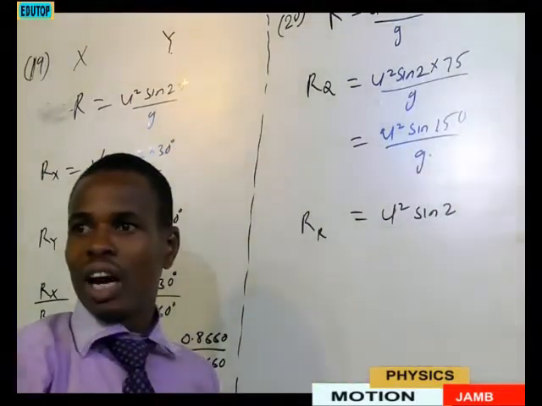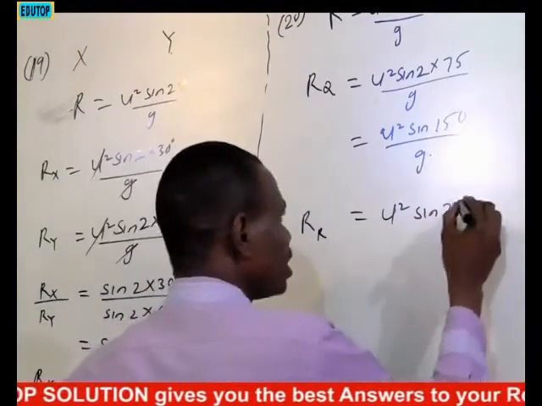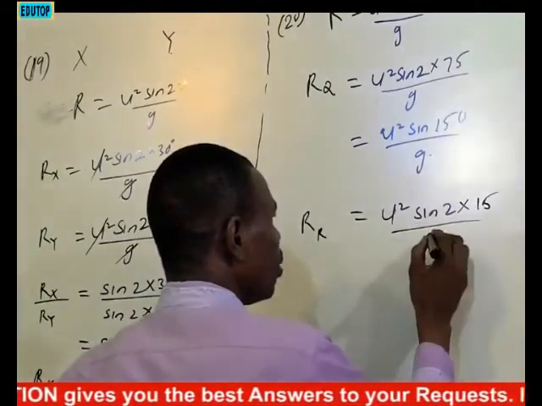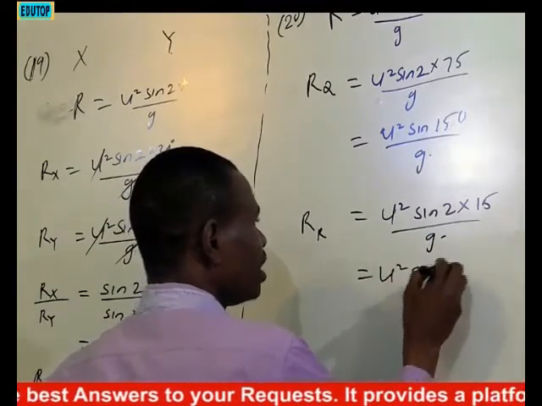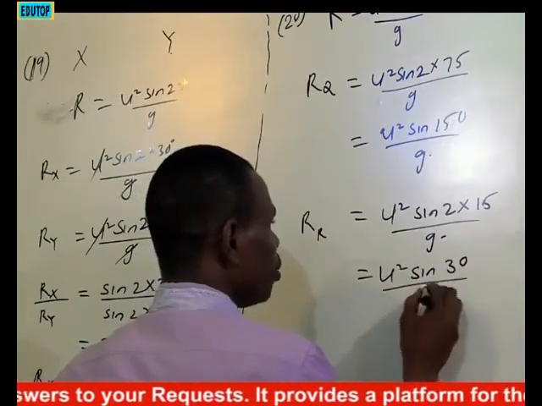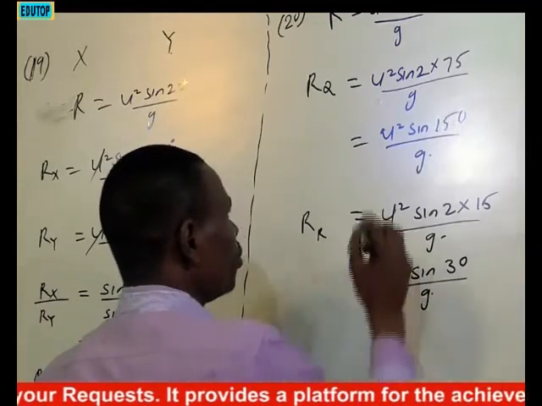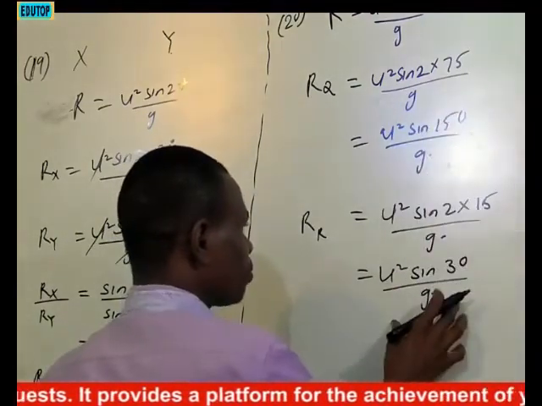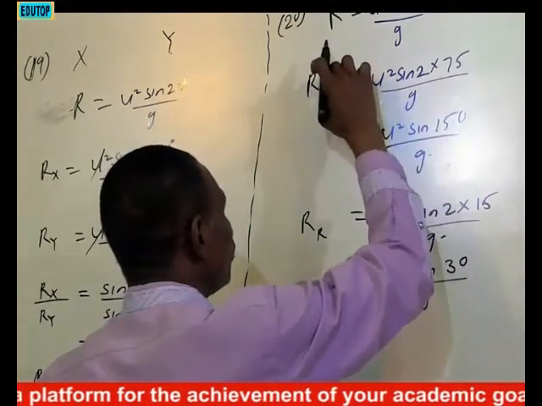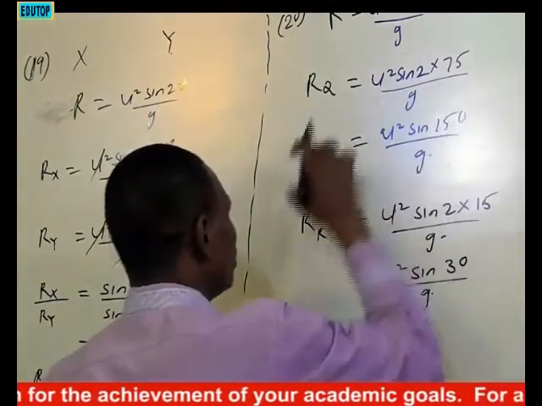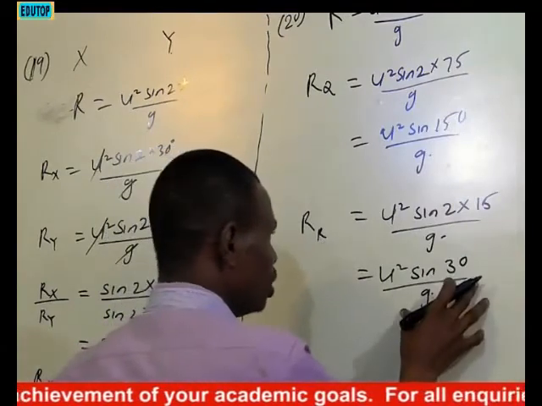We are given the angle, which is 15. This is 2 times 15 divided by g, u squared sine 30 divided by g. The range for stone Q is this, and the range for stone R is this.